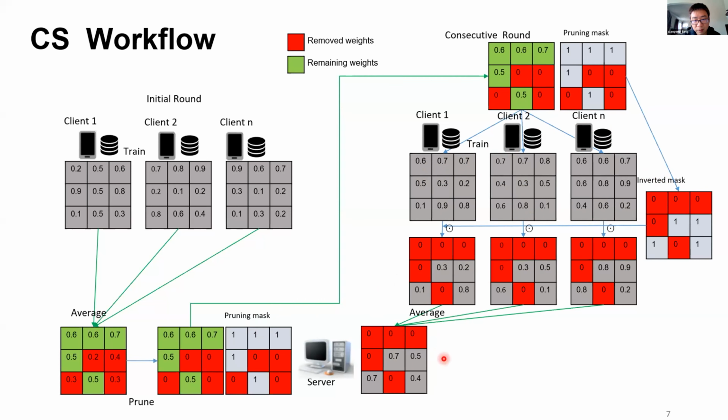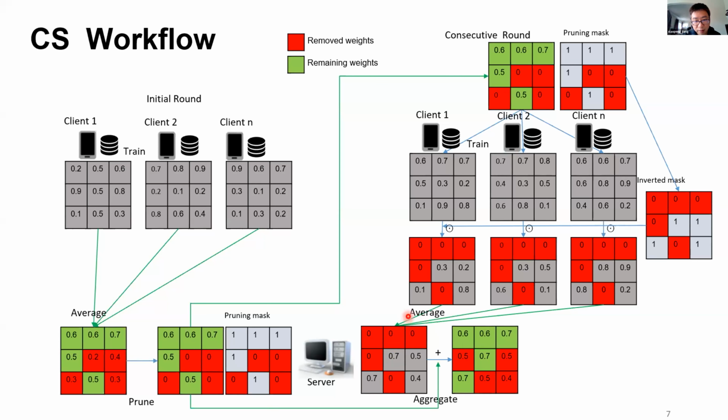server. The server can average them, and because the average client sparse model and the global sparse model of the previous round complement each other, when we aggregate them together, we can produce a new full global model.